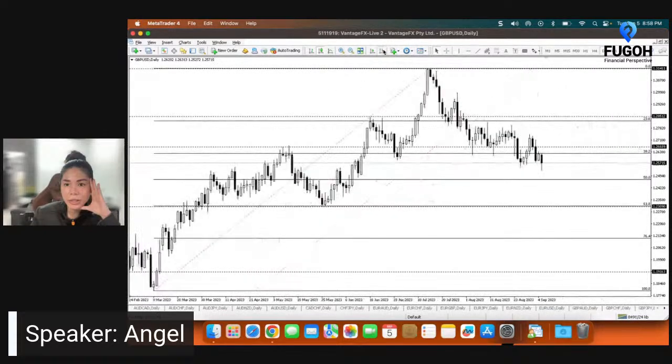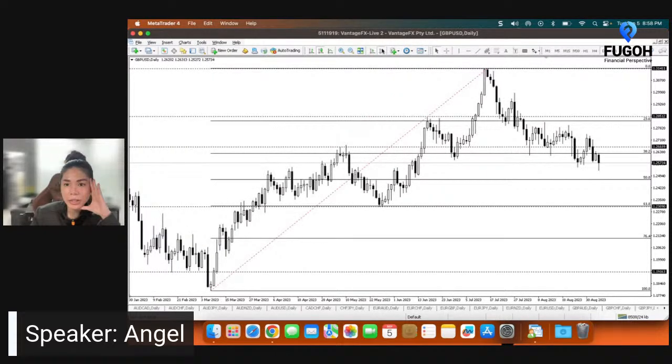It's near the 50 level. I'm guessing for this week, if you have any trade idea for pound USD, it's going to fall until here where the 50 area is.